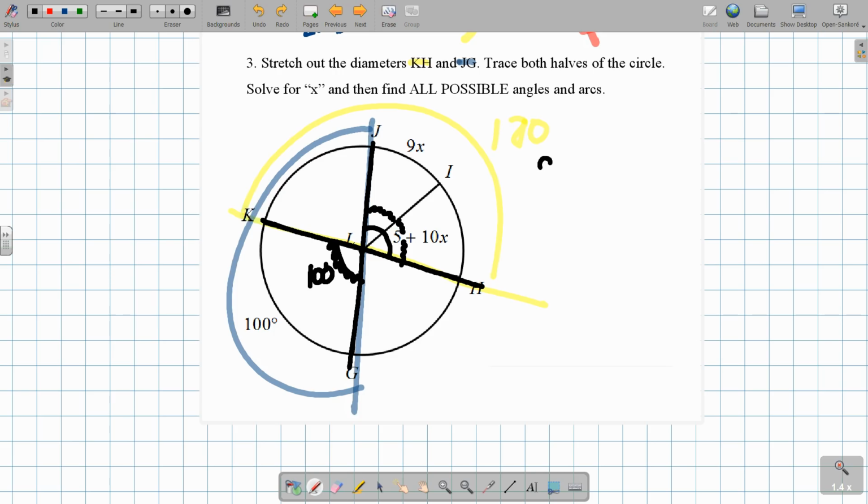So I can come over here. Let's do that. 9x plus 5 plus 10x is going to equal 100. Solve for x.